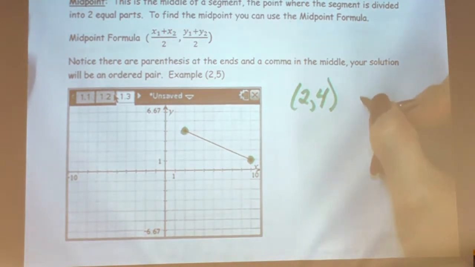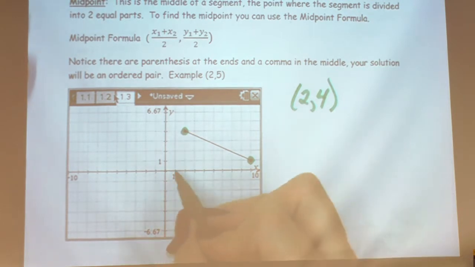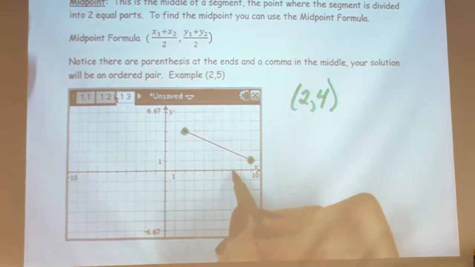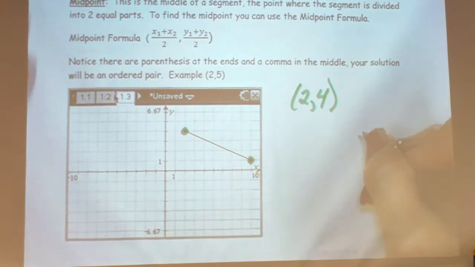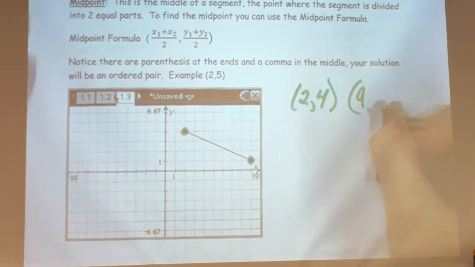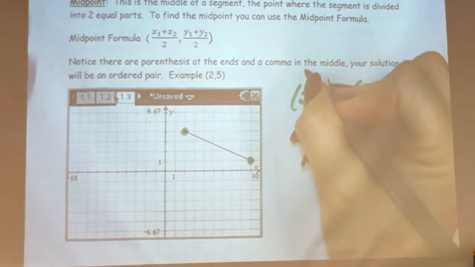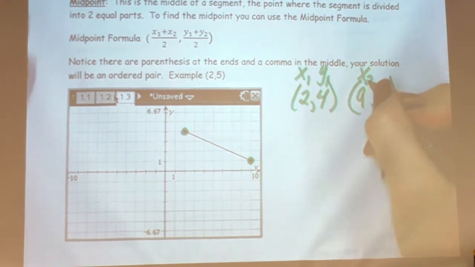And my second point is over, if I look, that says 10. So it's 1, 2, 3, 4, 5, 6, 7, 8, 9. It's 1 before the 10. So it's 9, comma, and it's only up 1, 9, 1. So let's label this as x1, y1. And this is x2, y2.